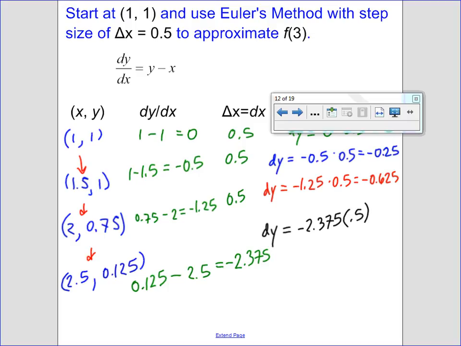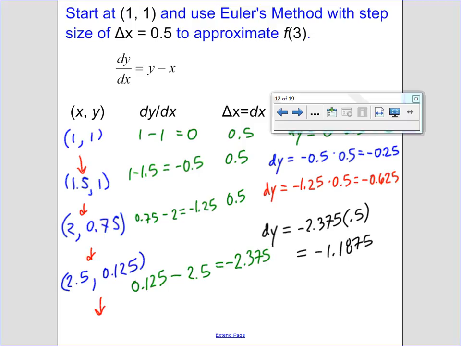Times 0.5. So the last one, you'll have to help me on this. What did you guys get for this? Marissa? Negative 1.1875. Nice. Gosh, we're close. So what's my final prediction? All right, we're going to see. It's going to be way less than that.